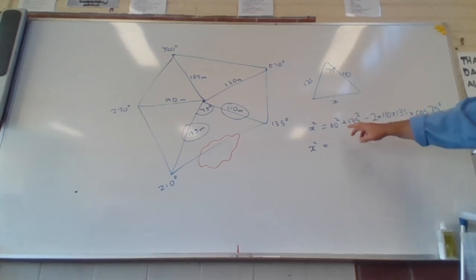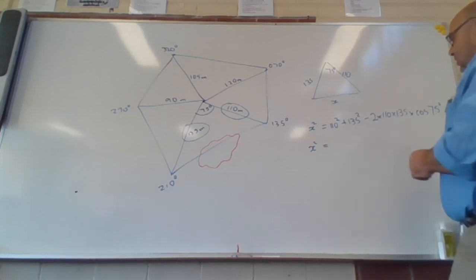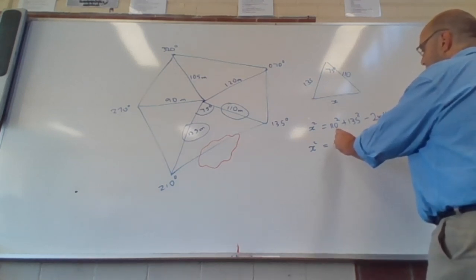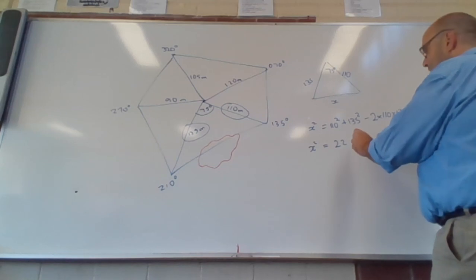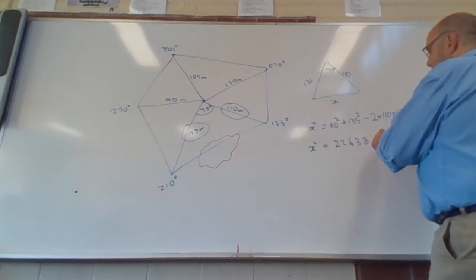So 110 squared plus 135 squared minus 2 times 110 times 135 times cos 75, and it equals 22,638.